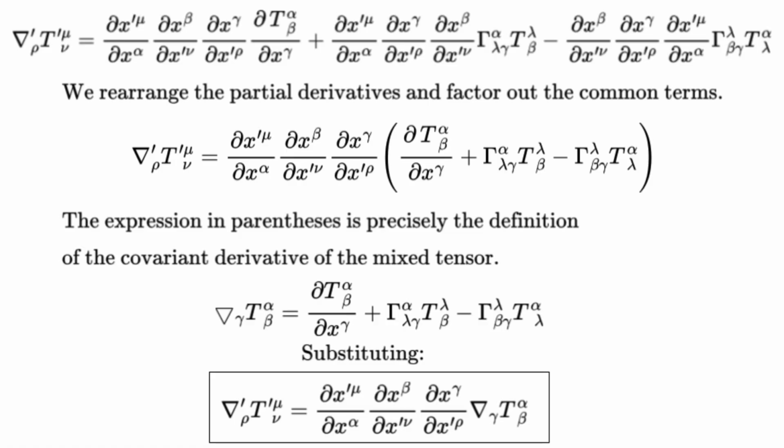We rearrange the partial derivatives and factor out the common terms. The expression in parentheses is precisely the definition of the covariant derivative of the mixed tensor.